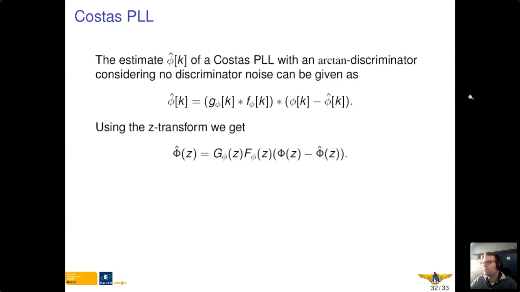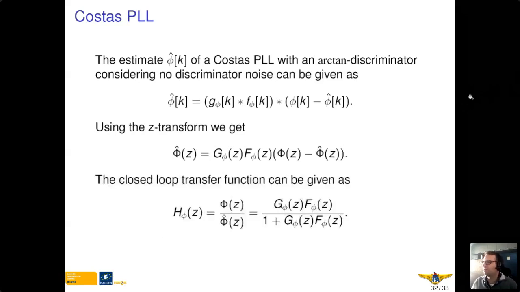Using the Z transform, we can also derive the closed loop transfer function in this manner. So the closed loop transfer function here is then only dependent on the integrator and loop filter transfer function.